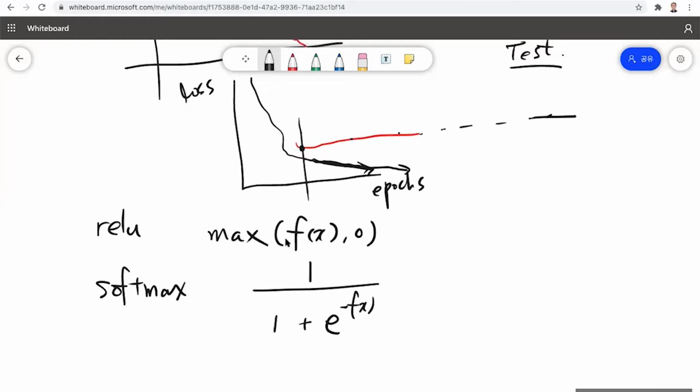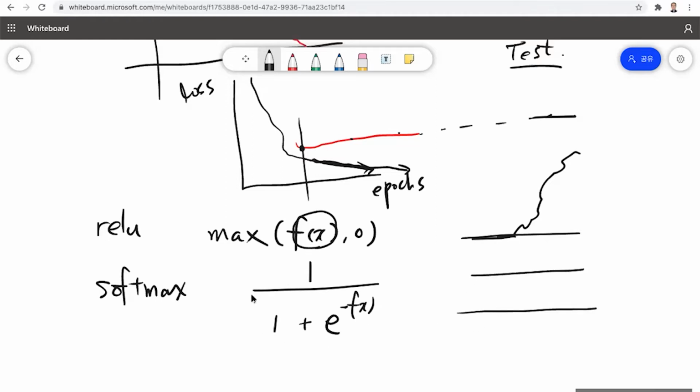To 1. Once your f of x goes through the ReLU, no matter what your f of x is, it's something like this. This wiggly line is f of x. But for this one, whatever your function is, when it goes through the softmax function, it looks like this. So this is 0 and this is 1.